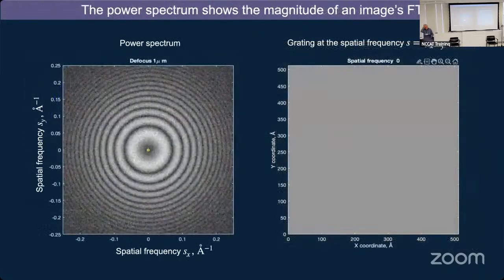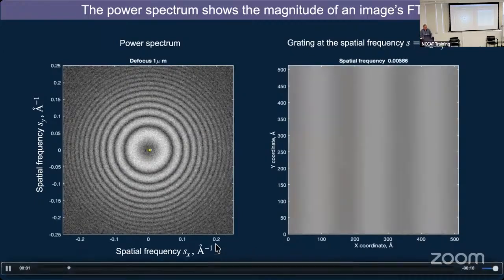Now, when I give you this two-dimensional representation of the CTF, or in this case of the power spectrum, what I'm actually doing is giving you the amount of intensity at various spatial frequencies, so that every point in this plot corresponds to a grating direction and spacing.